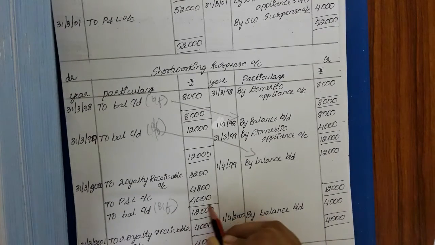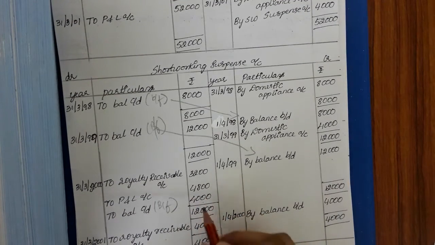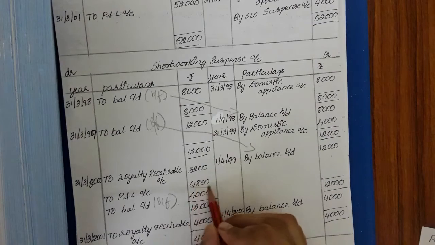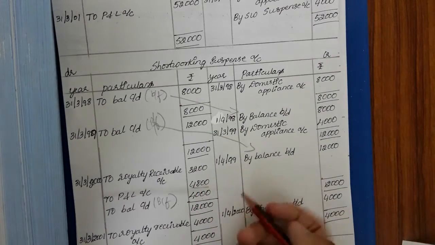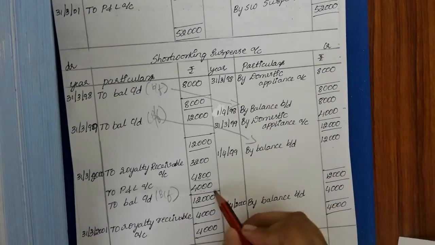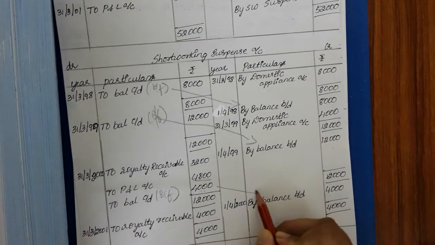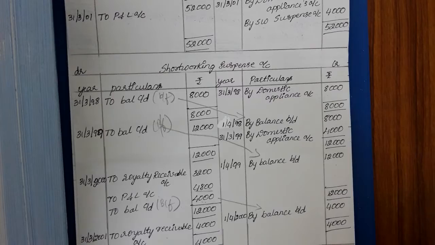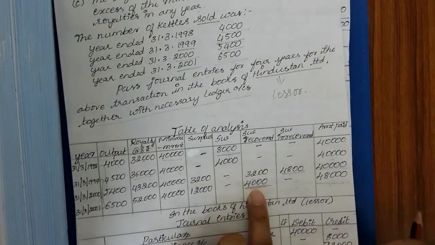Because for the first year's portion we do not have time, you are transferring it to the P&L account. But for this 4,000 you have time, so you will be transferring it to the next year by balance brought down 4,000. So as you can see, in year 4 you have recovered the 4,000 rupees.